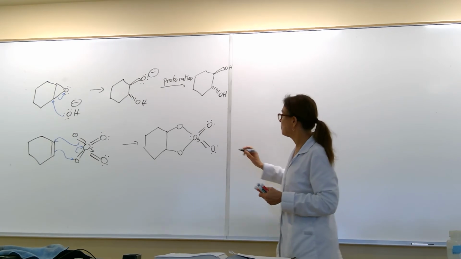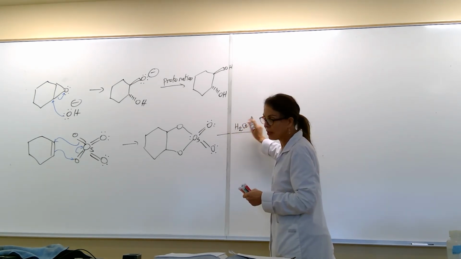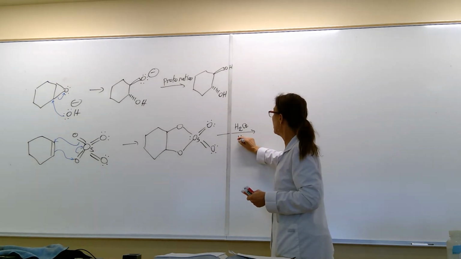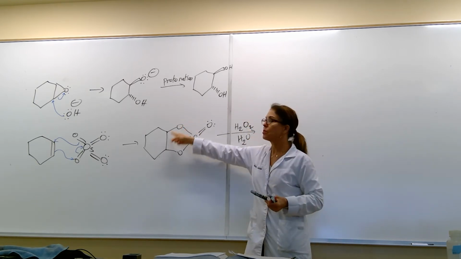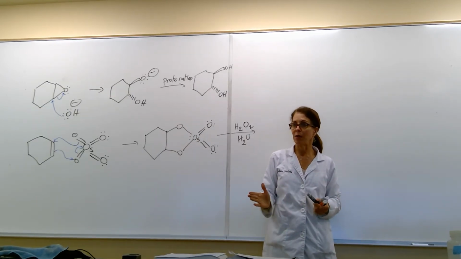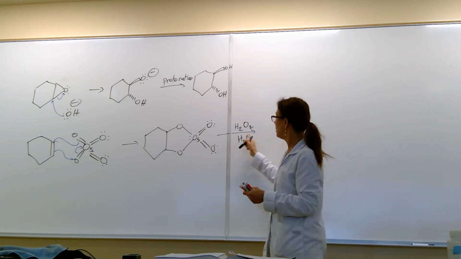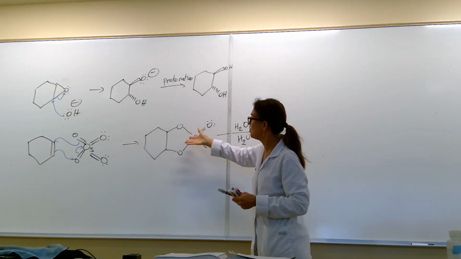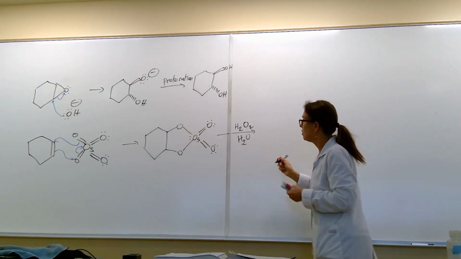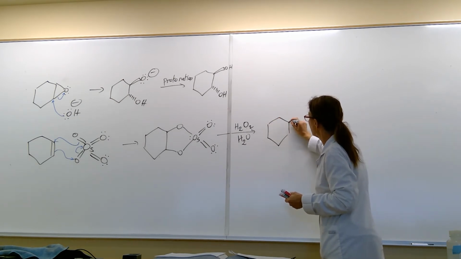And then the last step, you have H2O2. You don't need to know the mechanism. And water. So this is hydrogen peroxide with water. But notice, where are these 2 oxygens? They have to be on the same side, you agree? So when you add water and hydrogen peroxide, this will go back to the osmium, and this will be the 2 OHs. So you end up with the cis one.